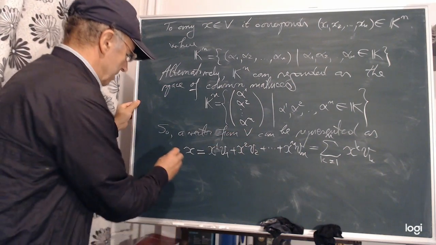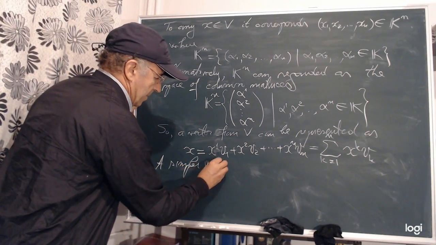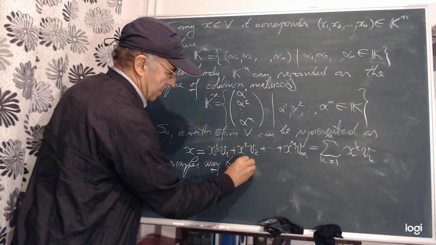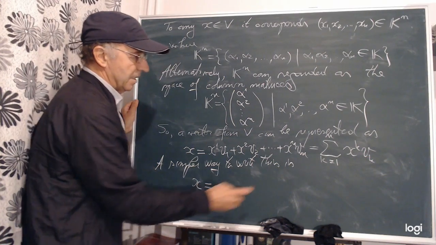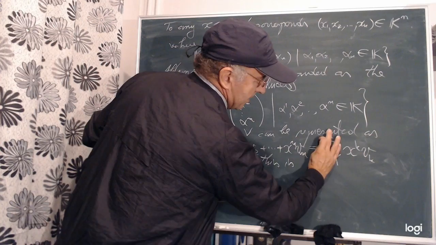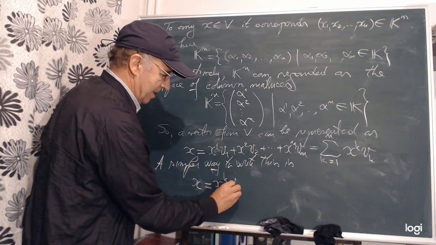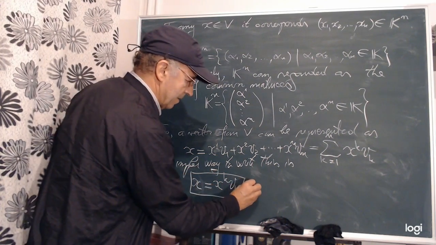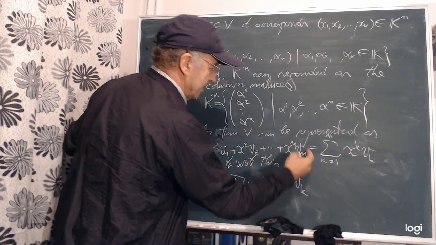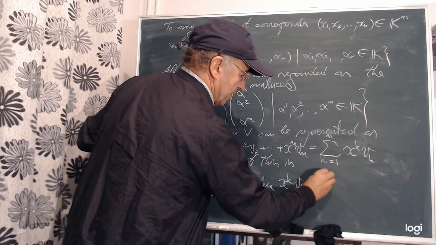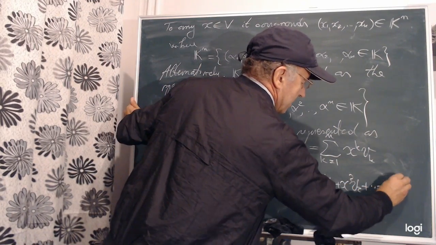a simpler notation. A simpler way to write this is x equals, we do not write this summation symbol, and we write just x equals xk vk, where by xk vk we understand exactly this expression x1 v1 plus x2 v2 plus xn vn.